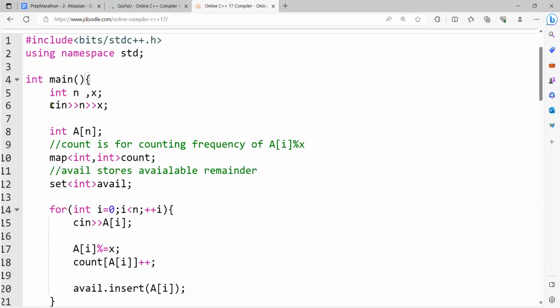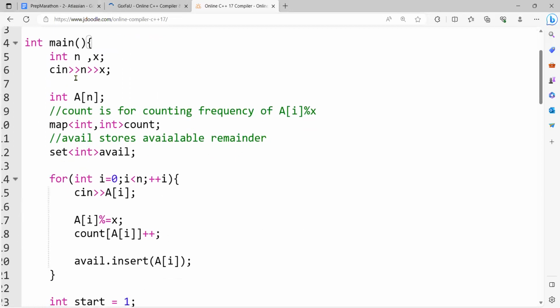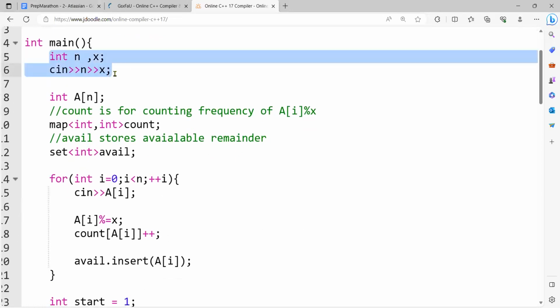You just need to make sure of the key catch here: we needed to convert the original array into its initial stage. By doing modulo, we can get the initial stage of our array. Here we are taking two inputs, n and x. n is the length, and x is the value with which we can increment any element of our array.